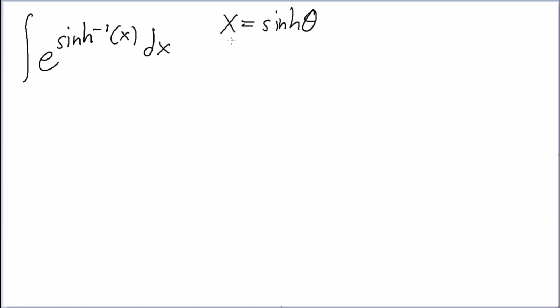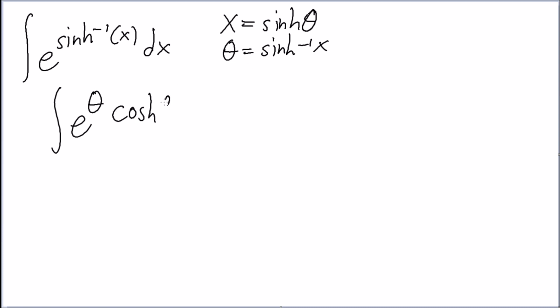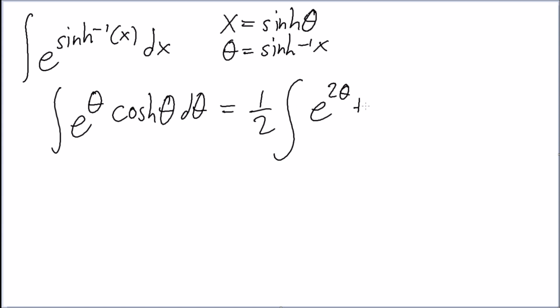So you're making this theta equal like that. So this whole thing's going to be e to the theta, but then you have cosh theta d theta, right? This is one of the integrals that we did in our previous video, right? So you could just do it exponentially, and then you're good to go. I think this is like a half of e to the 2 theta plus 1, right? And then yeah, you just go from there.